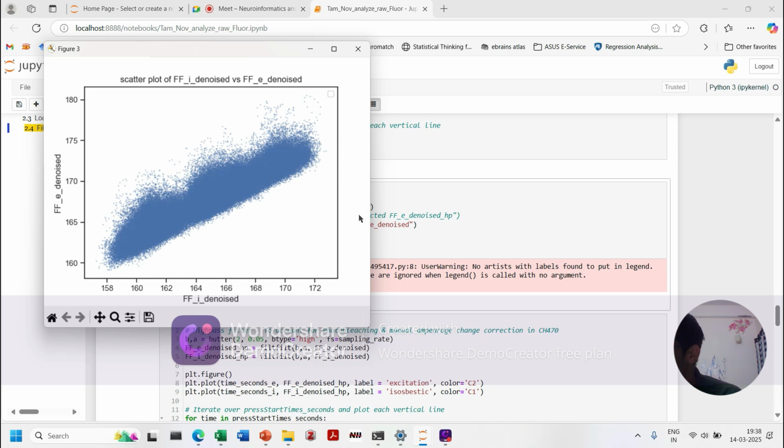That we consider a single time point of data, and then the next reading will be somewhat 7 milliseconds after that. So we collect excitation and isosbestic in pairs, basically. At one time point we collect excitation, then isosbestic, then excitation, then isosbestic.